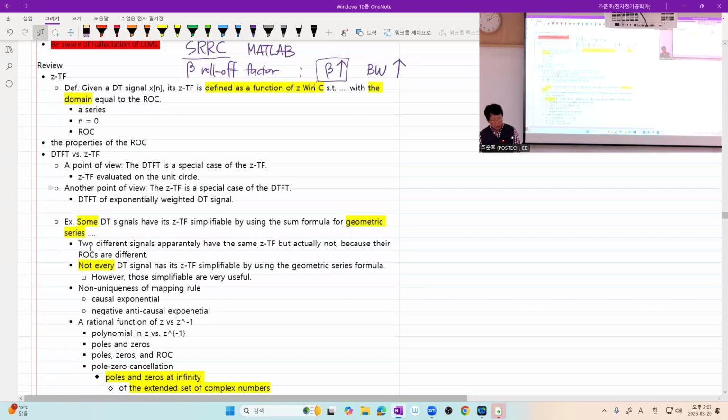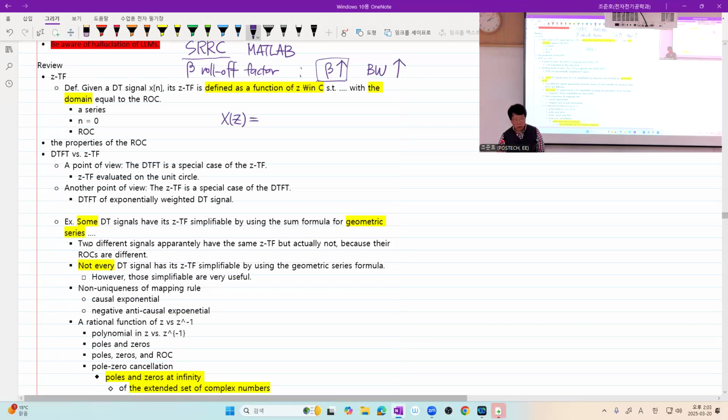Here goes the review, which includes the reviews of the previous class meetings, because the Z transform is so important. According to my experience, most of the confusion arises from the fact that we ignore the definition.